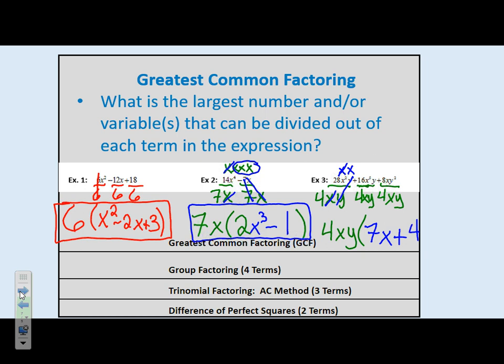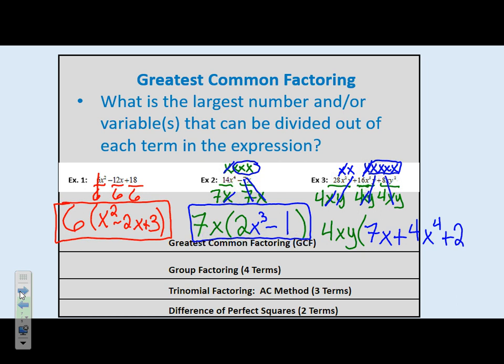X is here. On this one, I have x to the 5th, so I have 5 x's. If you want to write them out, you can. I'm going to cancel one of them out, so I'm left with 4. So I have x to the 4th power. My y's, again, are going to cancel. My last one, I have plus 8 divided by 4, which is 2.